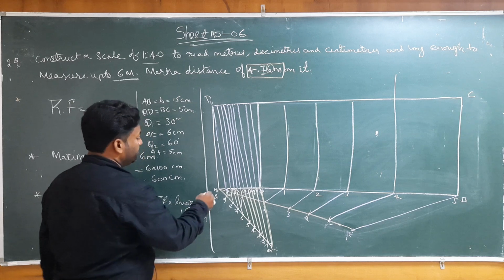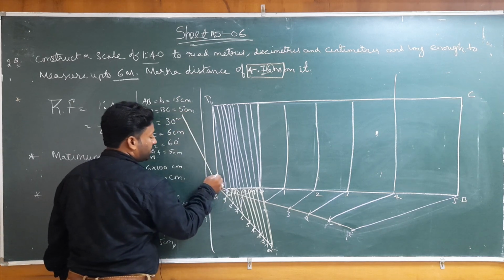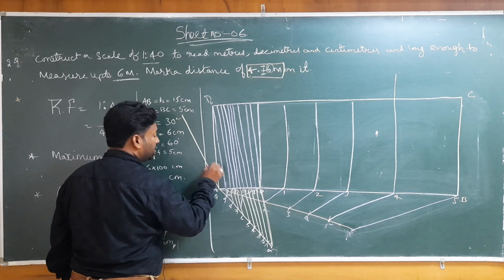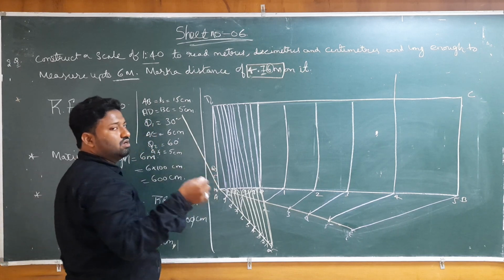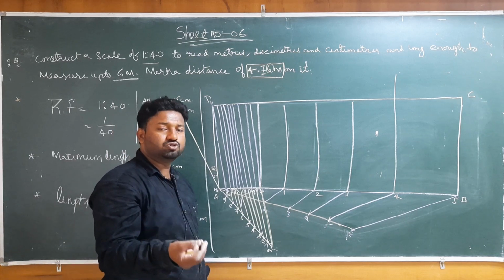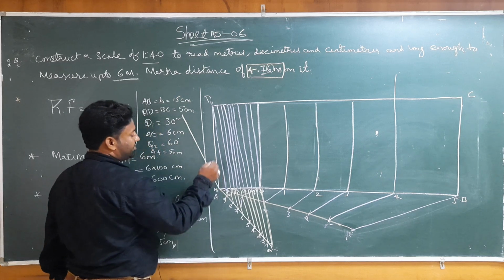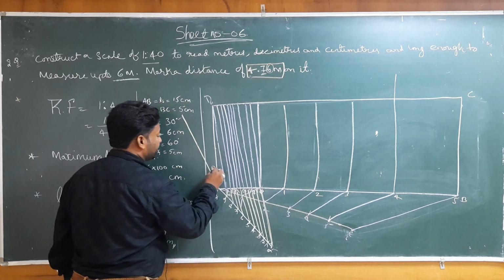For that, what we have to do? We have to draw an inclined line again by making an angle theta 3, and we can draw an inclined line by making an angle theta, where the theta value should be greater than 0 and lesser than 90 degrees. So here I am taking 30 degrees, means 90 is there, I am taking 120.